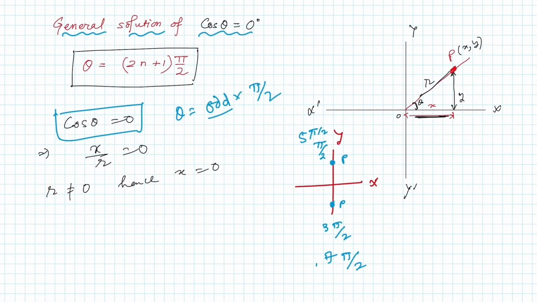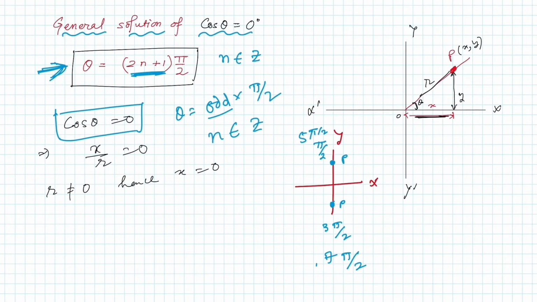If n belongs to Z, then an odd number can be represented as 2n plus 1. That's why the general solution of cos theta equal to 0 is given by theta is equal to (2n plus 1) into pi by 2, where n belongs to Z.